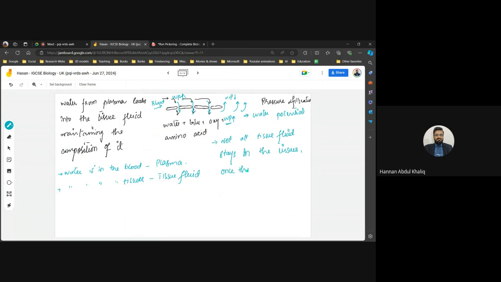Once the tissue fluid is transferred to the blood, the remaining tissue fluid would be returned to the blood by another transport system.